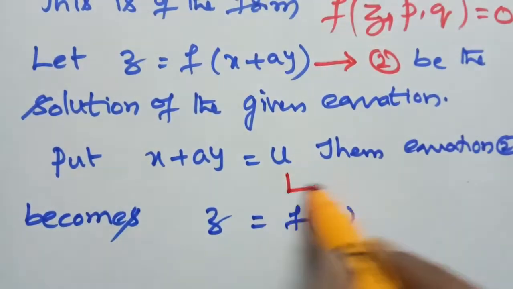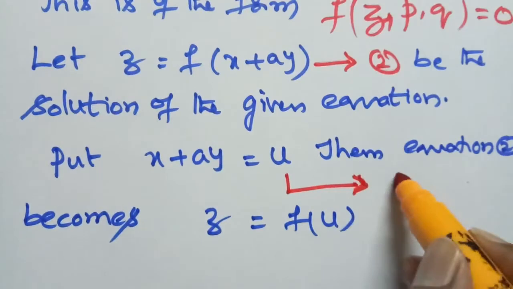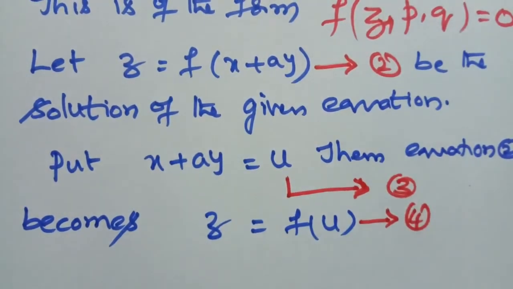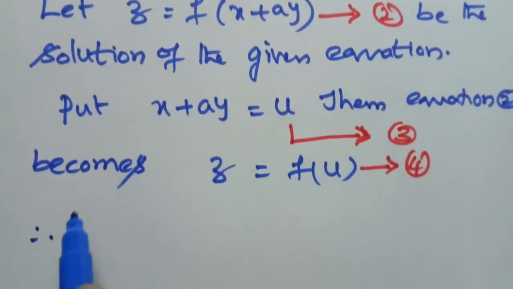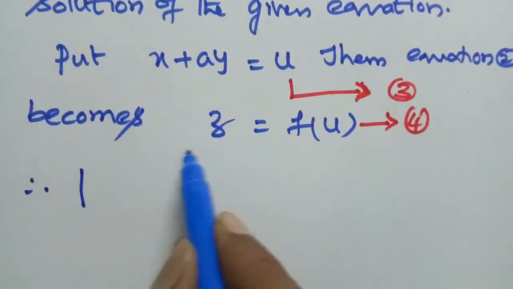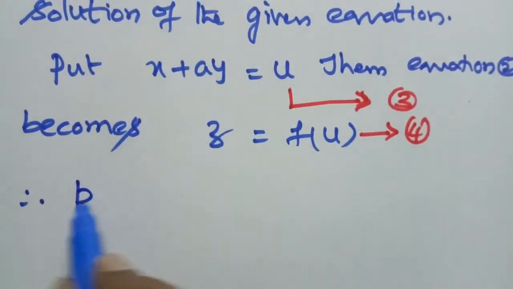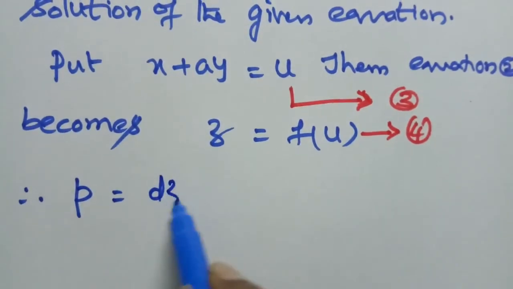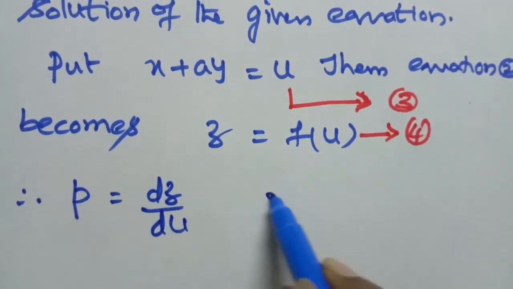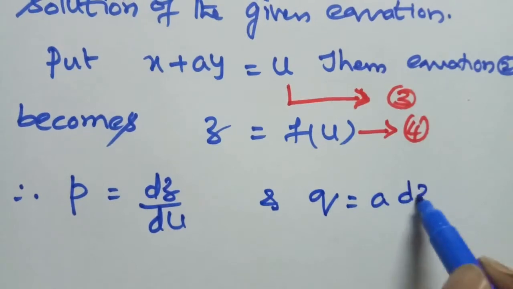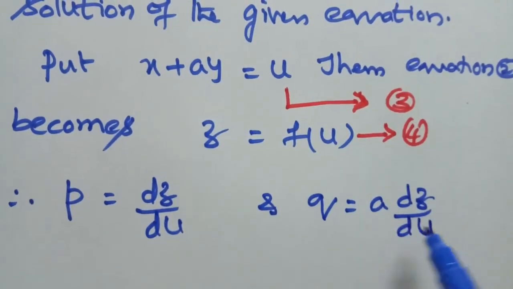Say this is equation number 3. This is equation number 4. Therefore, by differentiating z with respect to x, we get p is equal to dz by du, as explained in the procedure. q is equal to a into dz by du.